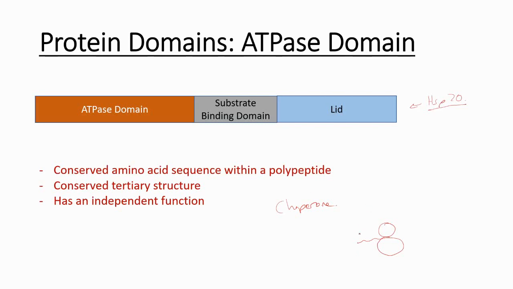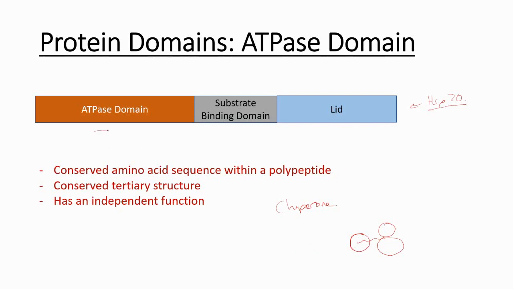What HSP70 does, it comes around and it internalizes the nascent polypeptide. It prevents it from interacting with other polypeptides, and this prevents protein aggregation. When the full polypeptide has been synthesized, it is released by HSP70 and then it folds.